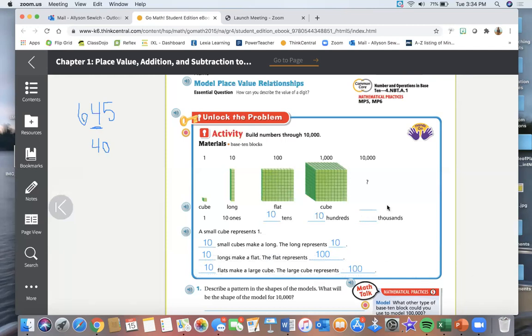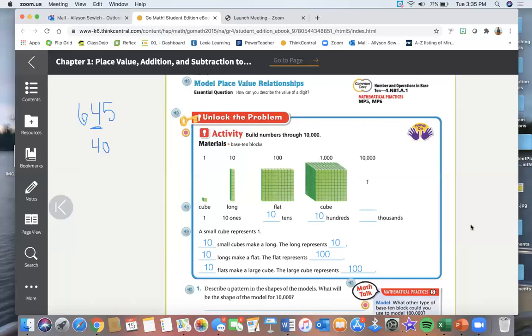So a pattern that I'm noticing right now is the 10 groups of the previous, so each model is 10 groups of the previous shape. So the cube is 1, and then the long is 10, and then the flat is 10 more than the long, and the cube is 10 more than the 100, or the flat.